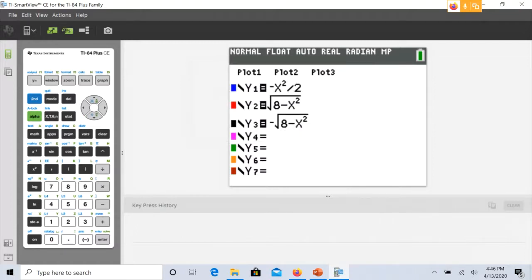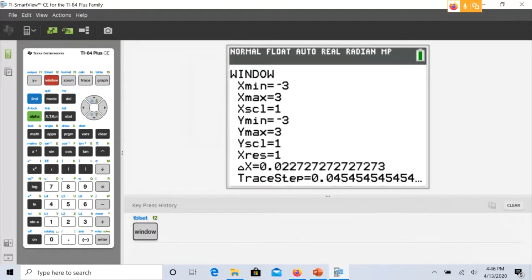So this is what it should look like once you have all three of your equations typed in. And obviously we can go ahead and hit graph and take a look at the image that we have. Before I do that, I just want to make note, I'm going to click on my window button on my calculator, and you can go ahead and change the scales on your window if you would like to.